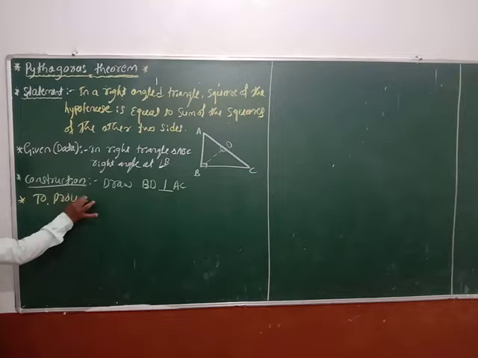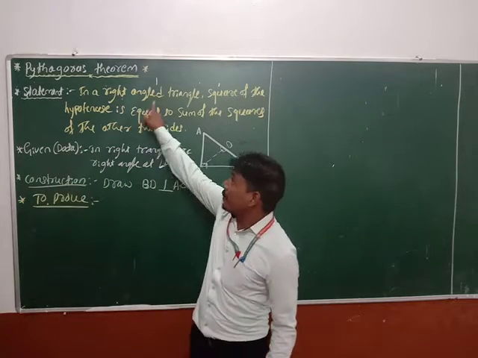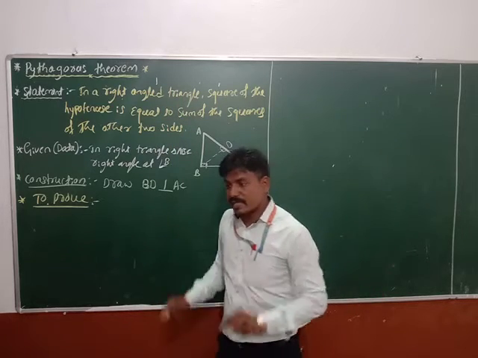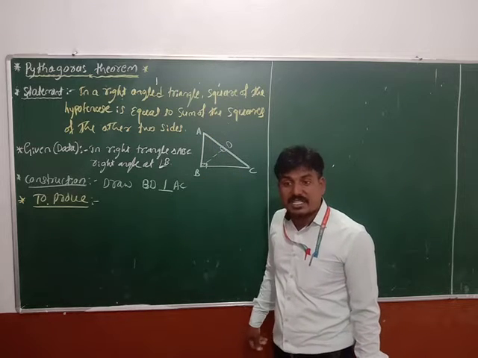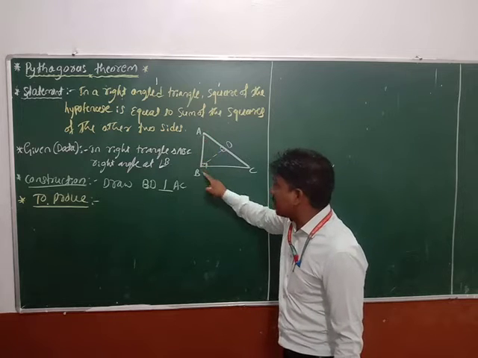Our proof is: to prove, you can show the meaning of the statement: the square of the hypotenuse is equal to the sum of the squares of the other two sides. Students, in the given triangle ABC, which is the hypotenuse? AC is the hypotenuse. The other two sides are AB and BC.